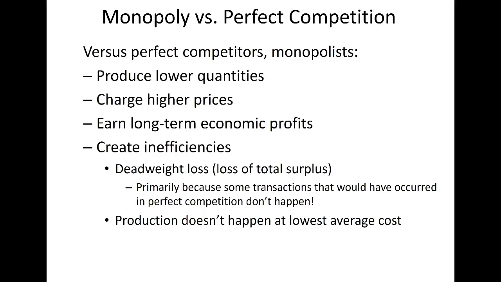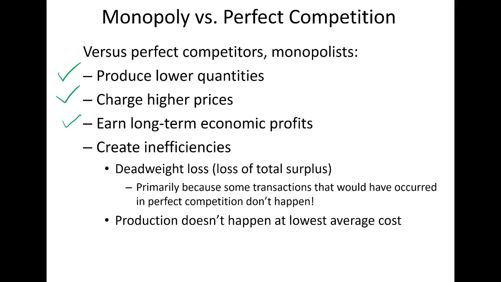So here I've just moved forward to a slide that lists these monopoly versus perfect competition impacts, and we've already seen this one here, that monopolies produce lower quantities and charge higher prices. That's almost always the case, and that's generally not a good thing for consumers overall, and we'll see that there's a deadweight loss that gets associated with that in a second.